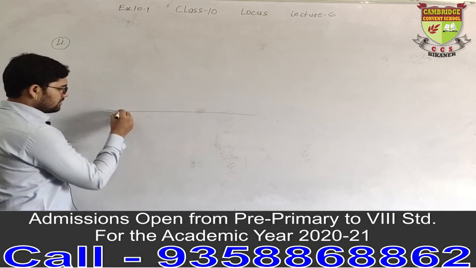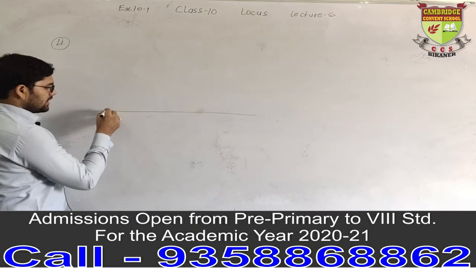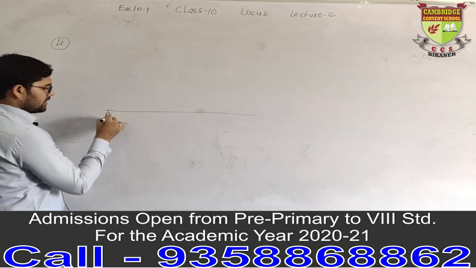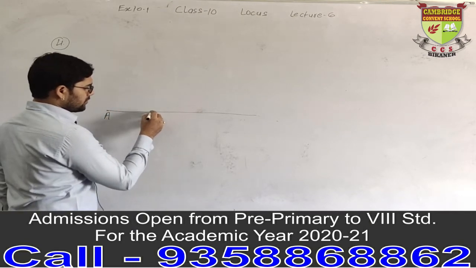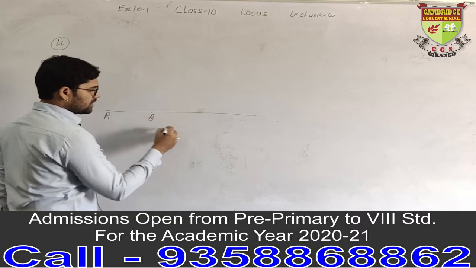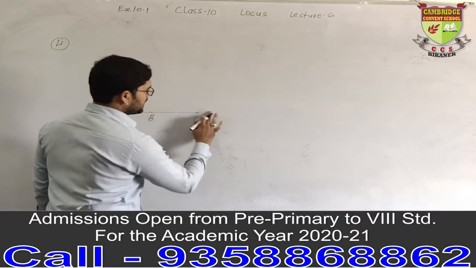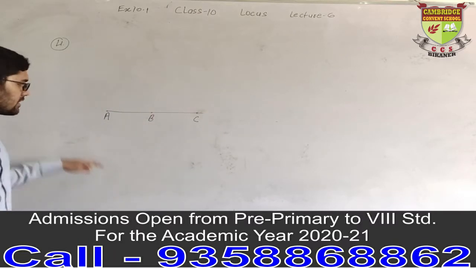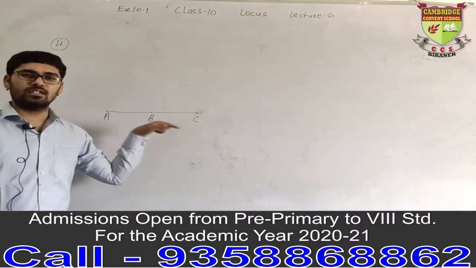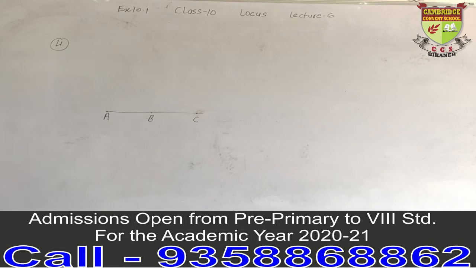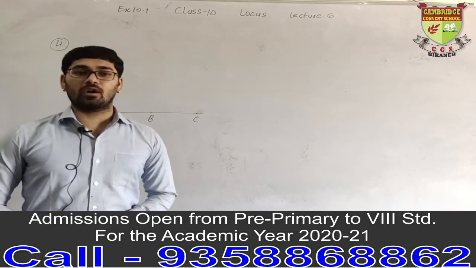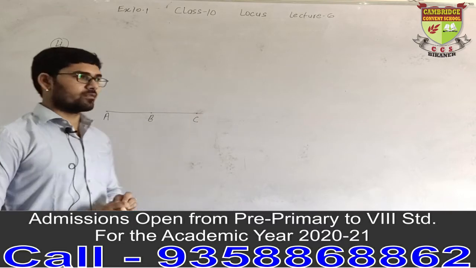I am naming the first point A, another point B, and the third point C. These are collinear, situated on one common single line. So we have to find its locus.